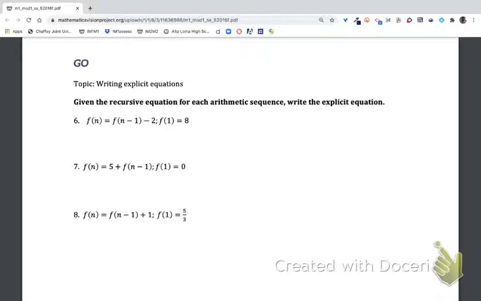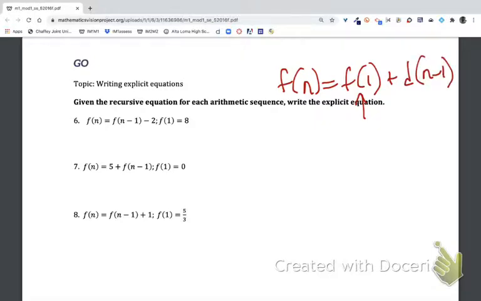For number 6 and 7 and 8, we are trying to write the explicit equation given the recursive equation. So we have everything we need, again. Now it's a matter of understanding what's happening. So to remember correctly, our explicit equation will be the first output plus the common difference times n minus 1.